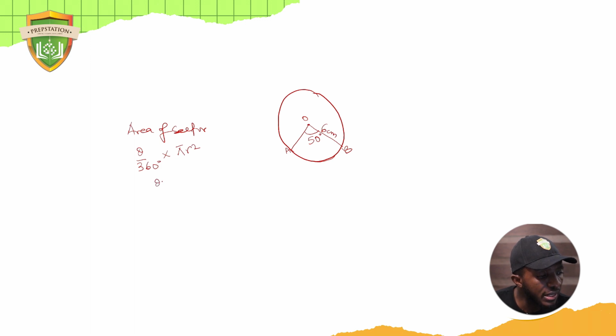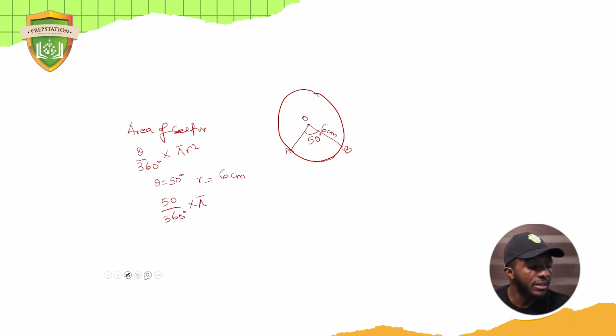So we can substitute. We're given theta to be 50 degrees. Given to us, r is 6 centimeters. And then we can solve now. So we have 50 over 360 degrees times pi.